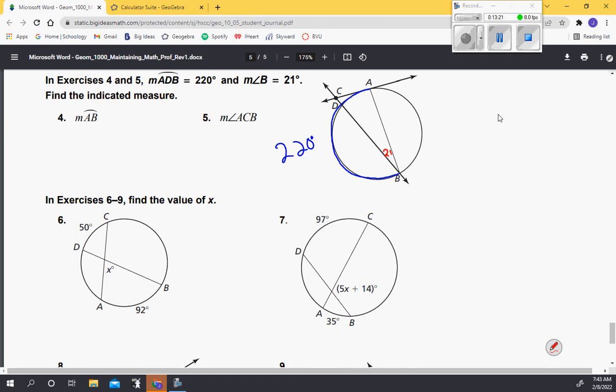First thing we want to find is the measure of arc AB. Those two arcs, the 220 degrees and this green arc here, complete a circle. So you just have to take 360 and subtract 220, and you'll get your answer: 140.